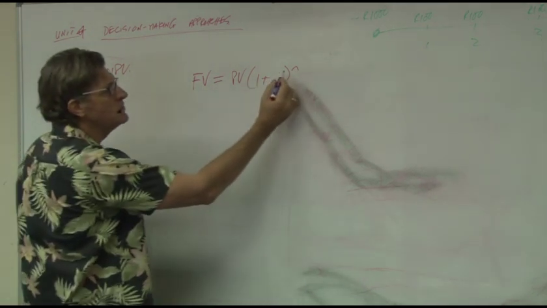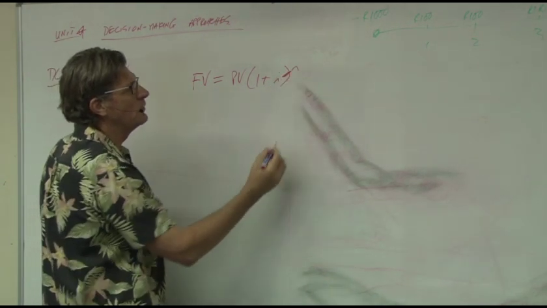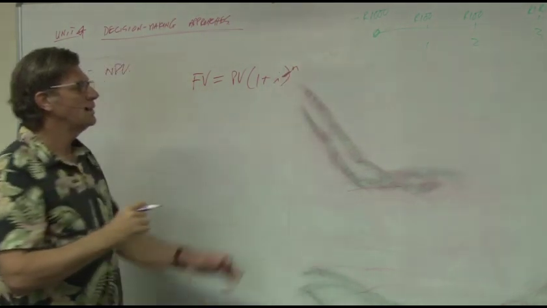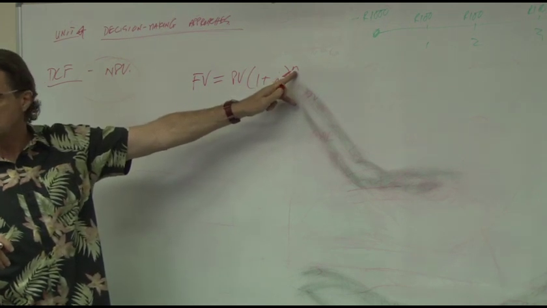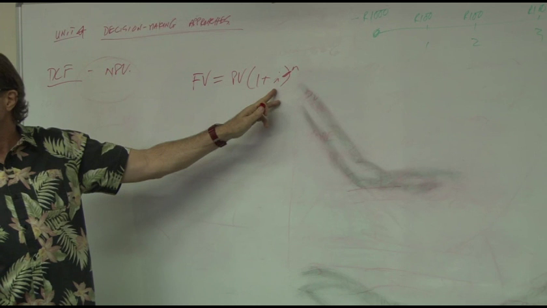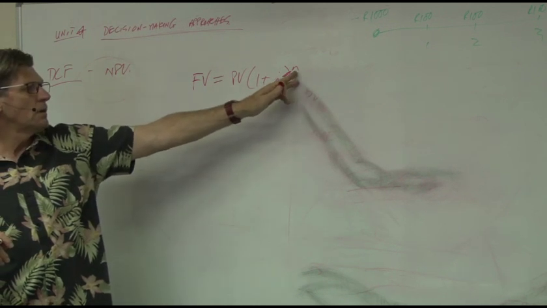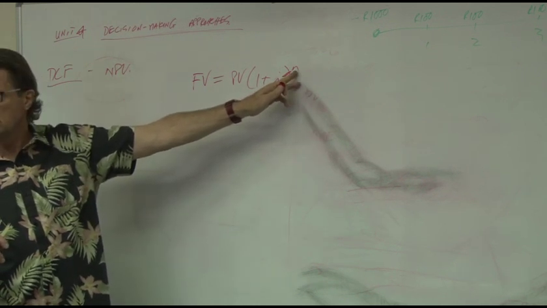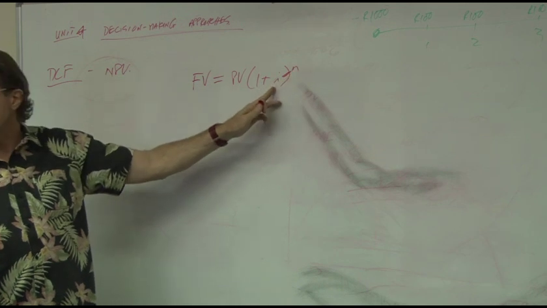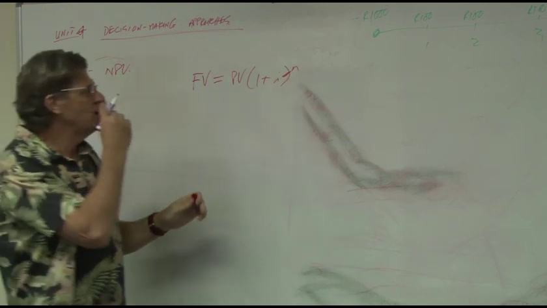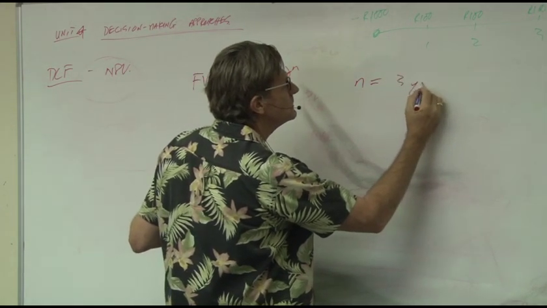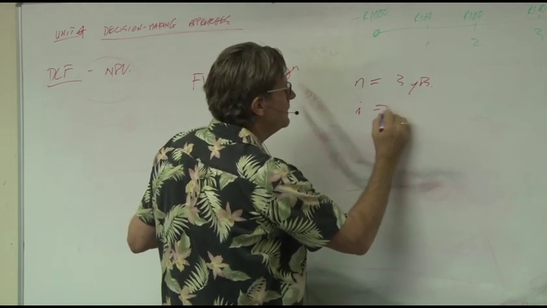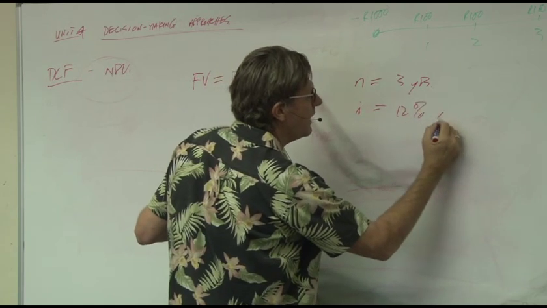Now, it's very important that these two correspond. In other words, if you're looking at the number of years here, this must be an annual rate. If you're looking at 6 months here, then this must be a 6-month rate. So if n equals 3 and it's 3 years, then r must be 12% per annum.